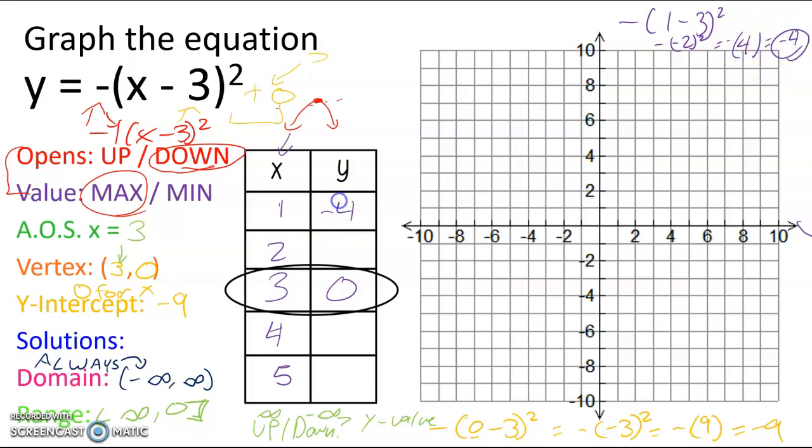All right. And then because, again, I have my vertex in the middle here, this y value here has to be the same as this y value down here. Has that symmetry. So there's going to be negative 4 down there.